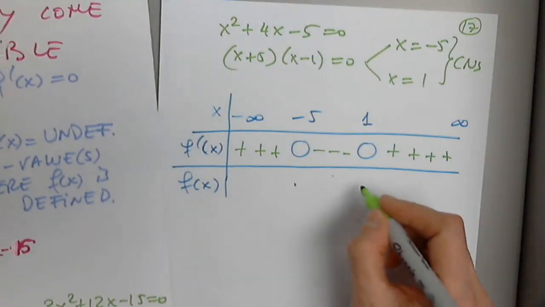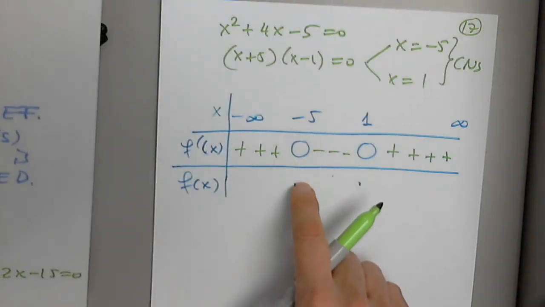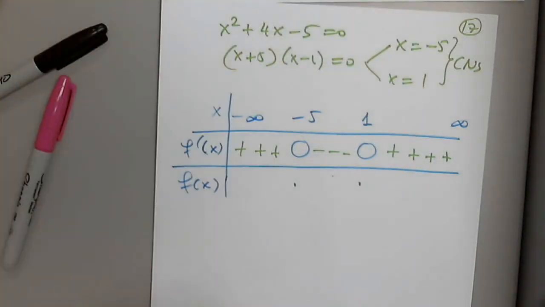Let's also determine this y value. So the function at -5 and the function at 1. So I plug in the graphing calculator. I have x cubed, and then plus 6x squared, and then minus 15x.